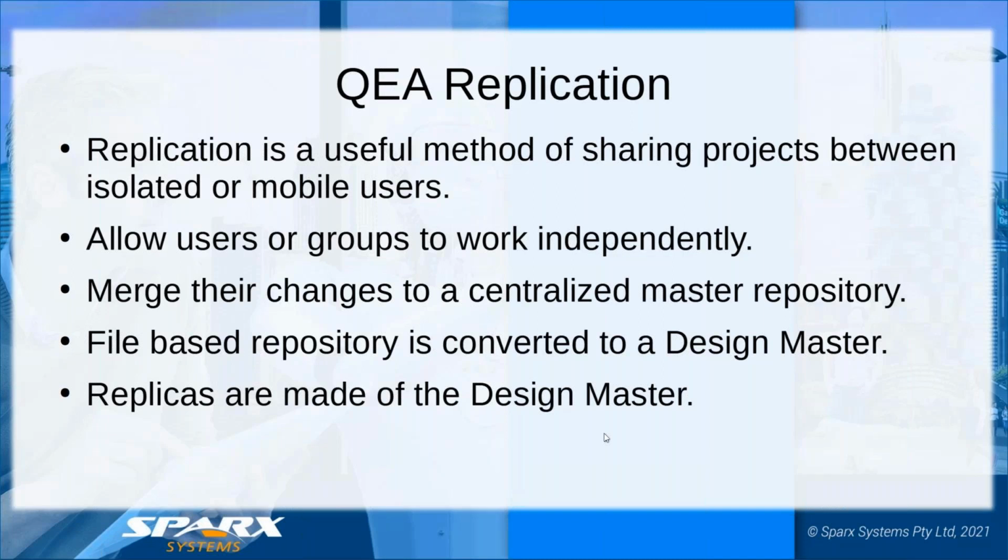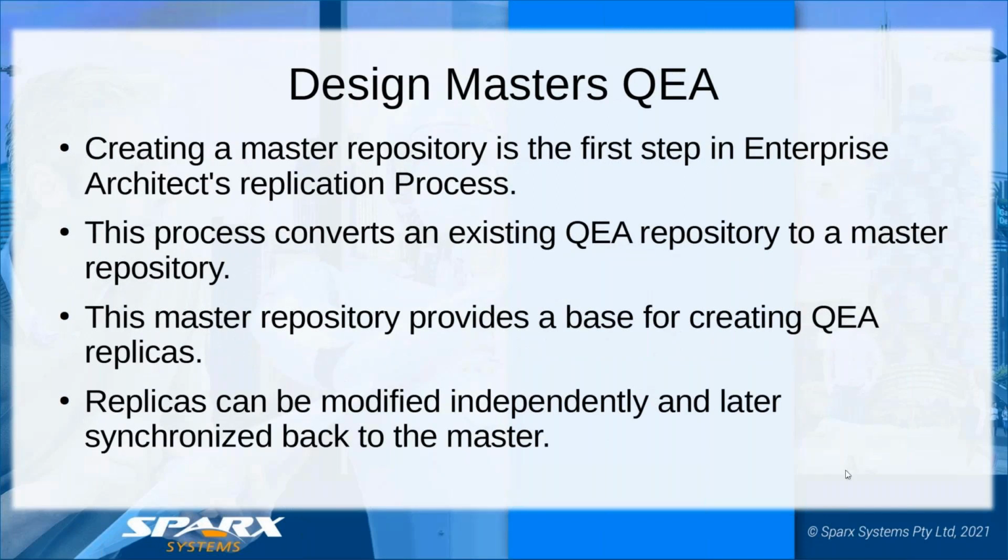The file-based repository is converted to a design master, and then replicas are made of the design master. For design masters in QEA, you simply create a master repository, and that's the first step in the Enterprise Architect replication process. This process converts the QEA repository into a master repository. This master repository provides a base for creating your QEA replicas, and replicas can then be modified.